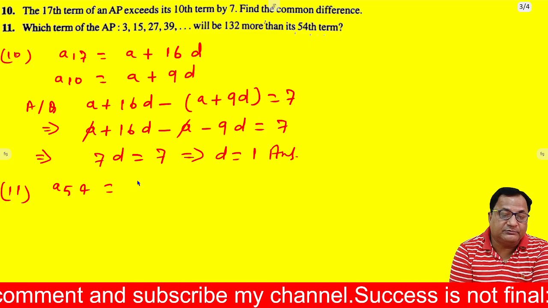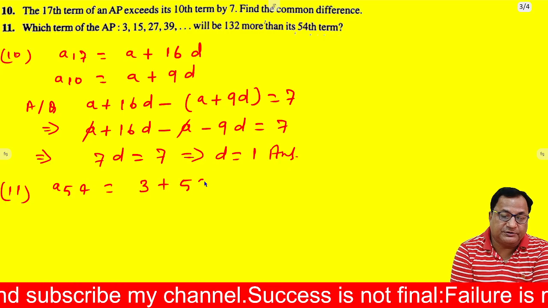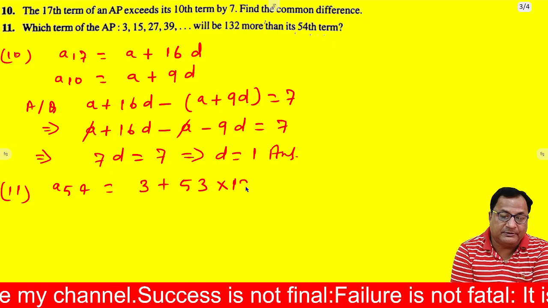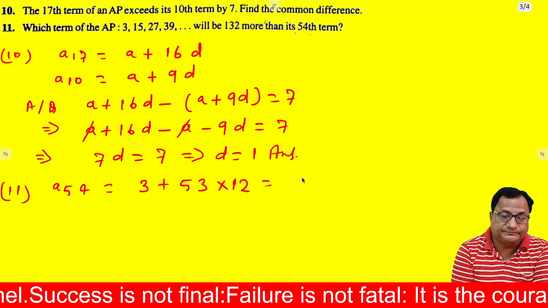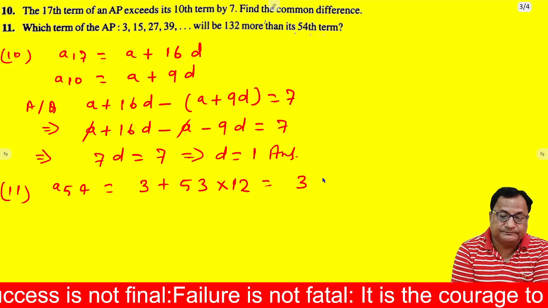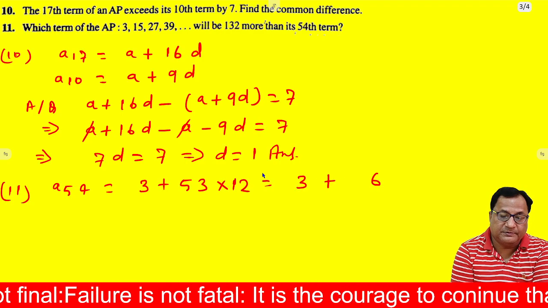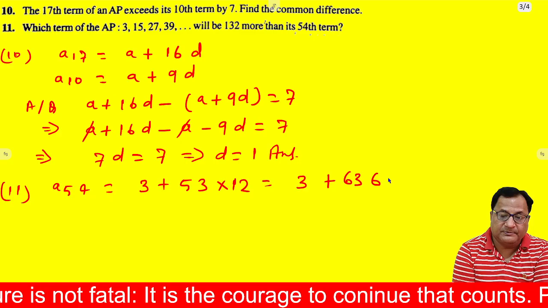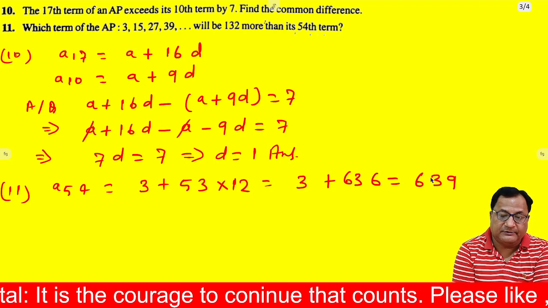A54 equals here 3 plus 53 into D, which is 12. If we add this, then 6, 3, 9.